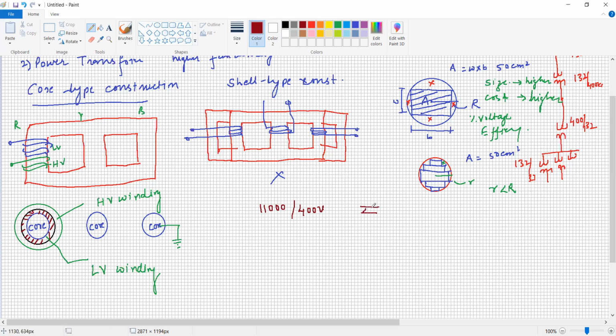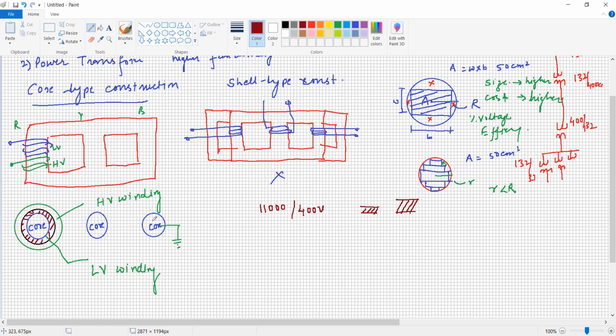Whereas if you place the high voltage winding next to the core, the thickness of the insulation will be higher because it is 11 kV. If the thickness at the core increases, the overall diameter of the winding increases, which will increase the length of the conductors and hence resistance. Same phenomenon which we have discussed in the core construction. Okay, this is one reason.